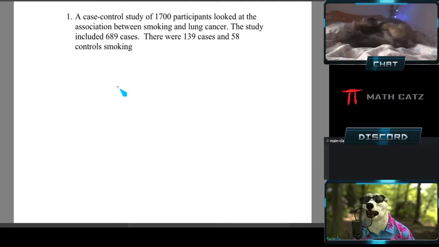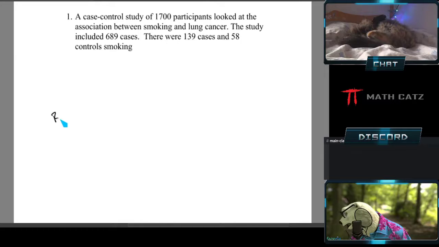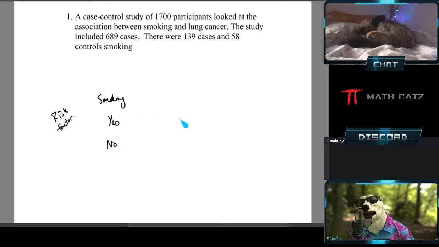And we start with the 2 by 2 table. Just check if I'm recording. Yes, the 2 by 2 table. So for consistency, I try to have my risk factor as the rows. So that'll be smoking is the risk, and that's of course a yes.